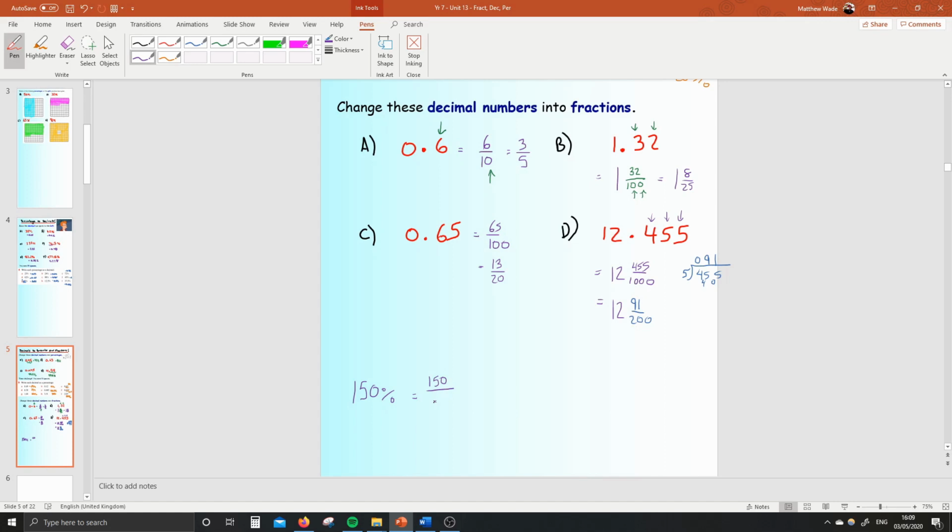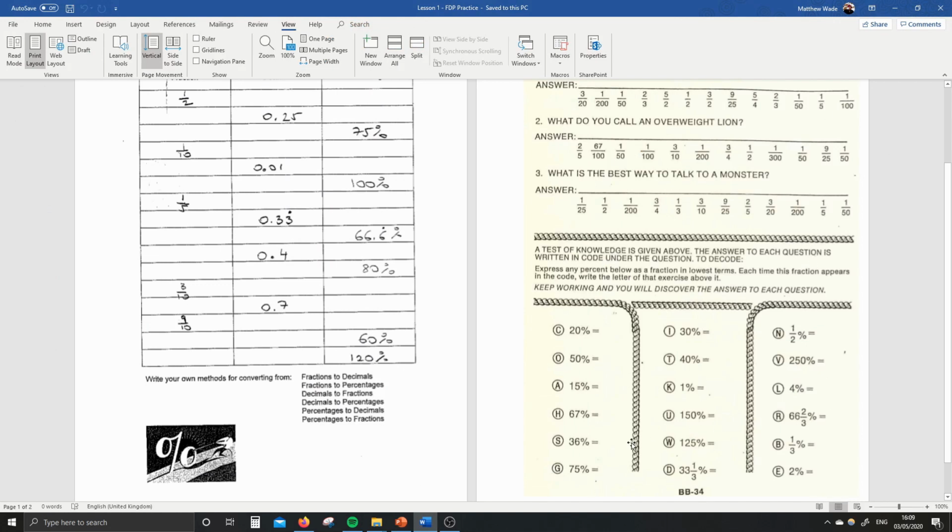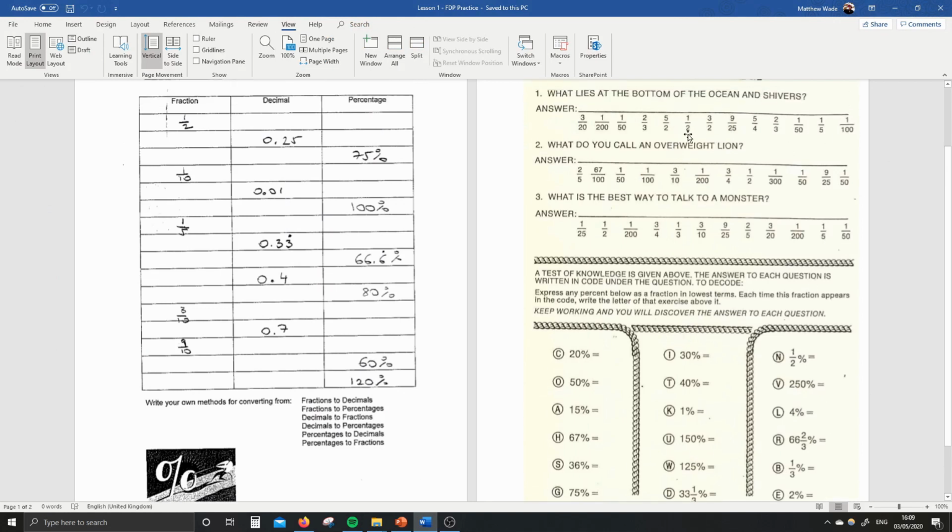That's 150 out of 100, because percents are always out of 100. And then 50 goes into both of those numbers, because you can count on in 50s and hit both of those. So it goes into that 3 times, and that into it 2 times. So actually 3 over 2 is what we want in this worksheet, just because I've kind of done the worksheet ahead and I see that there is a 3 out of 2 in it. So you've got to put it in that format.